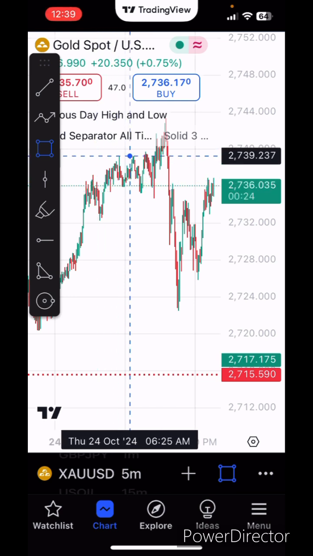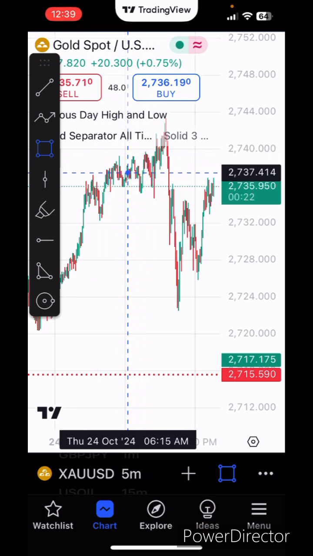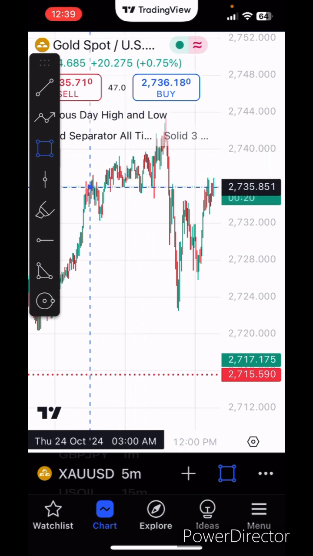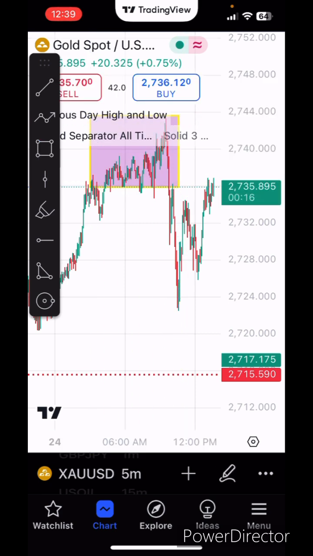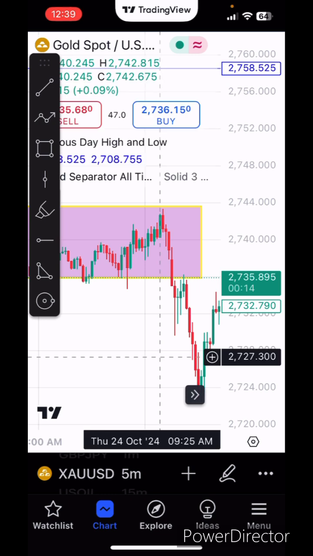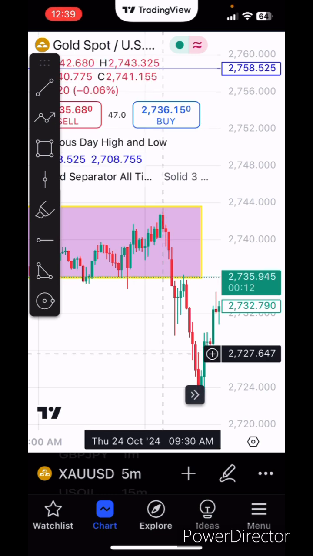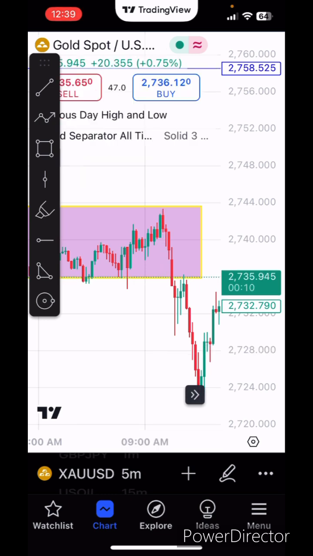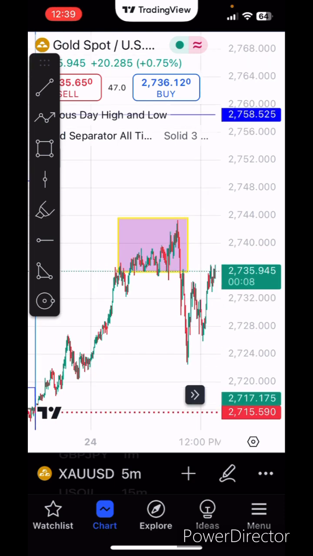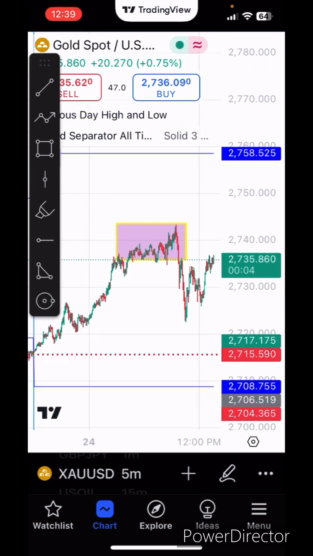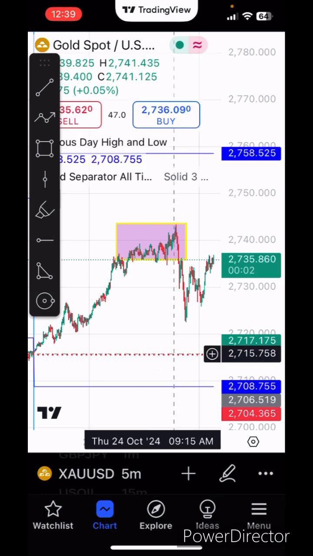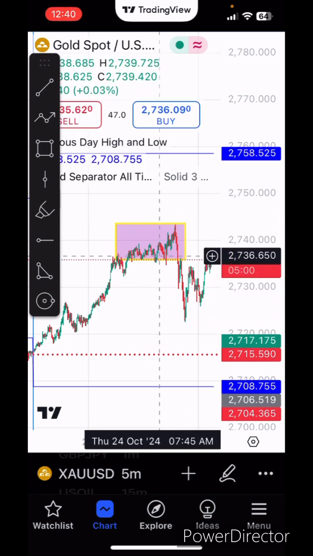Anyone buying into the high of the day up here gets trapped. You can just see how they're trapped. And what time is this all going down at? Very curious, right?